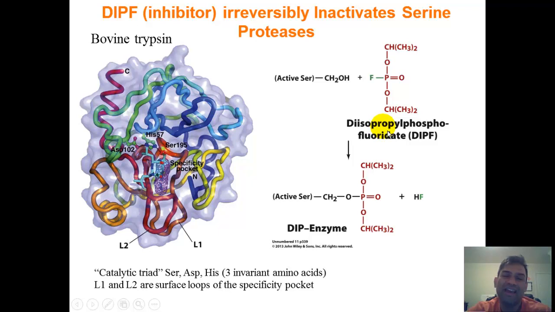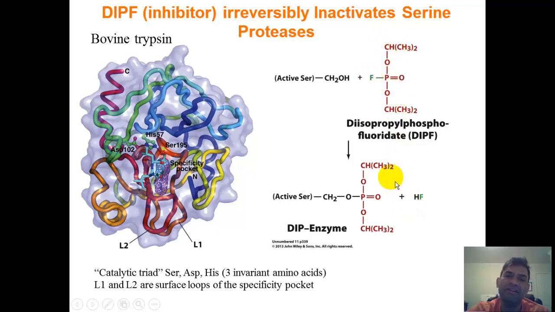So this DIPF is something that's, I think, used in insecticides, insect killers, and roach sprays. Very nasty chemical. And the mechanism of DIPF, this toxic chemical, I also believe it's a nerve agent. But be that as it may, the DIPF is a suicide inhibitor of serine proteases. And basically what happens is that here's your DIPF.